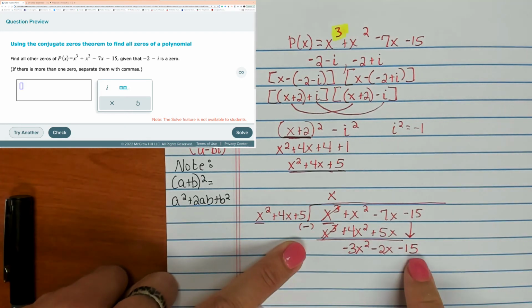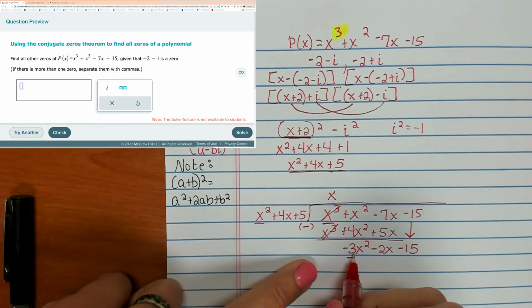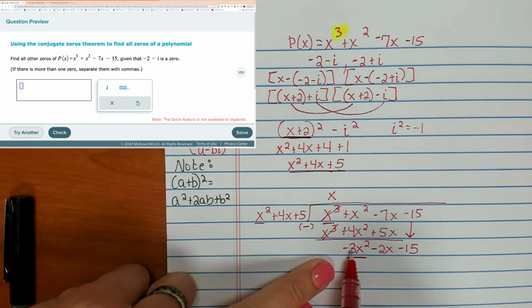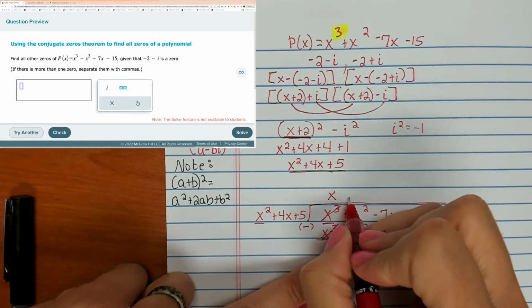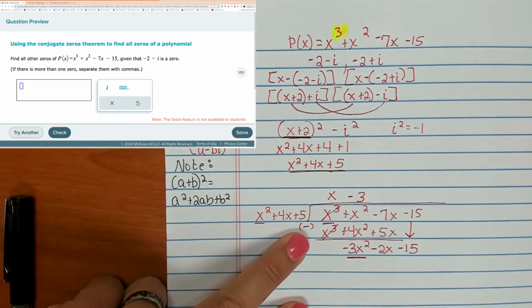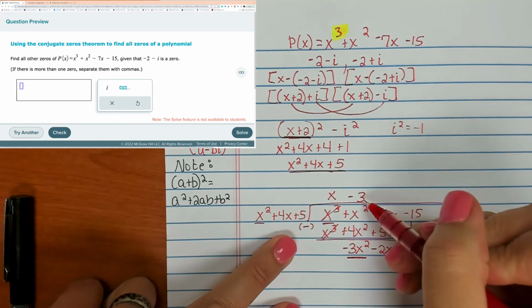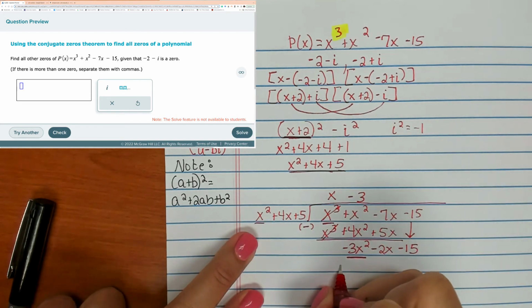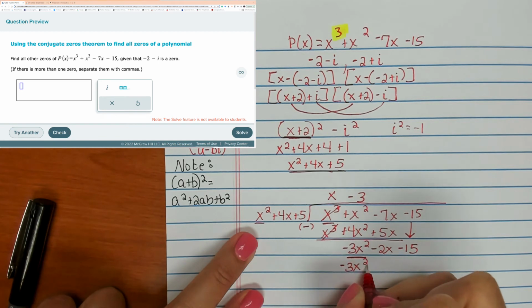Okay, once we get here, we're going to remember to look at that first term, not just the 3, the whole term. We're going to take that negative 3x squared and divide it by x squared, and that would give me minus 3. So a negative 3 times x squared gives me a negative 3x squared.